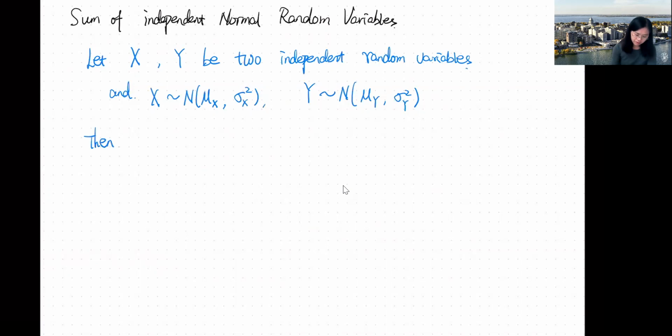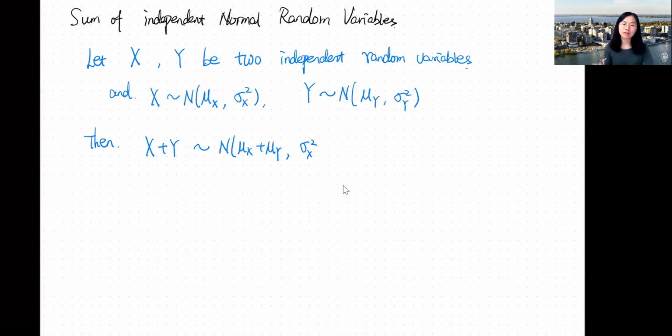Then the claim is that X plus Y follows also a normal distribution with mean given by mu X plus mu Y, which is not surprising because expectation is linear. Expectation of the sum of two random variables is the sum of the expectations. And the variance is given by the sum of the variances, because the two random variables are independent.